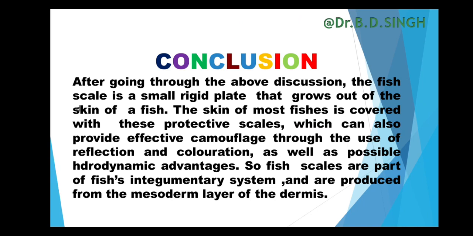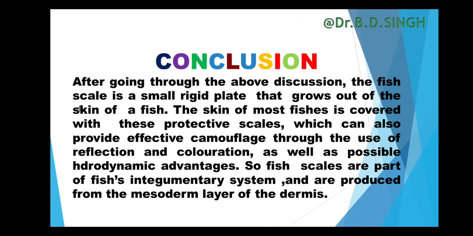Then after, the last one, this is the conclusion. After going through the above discussions, the fish scale is a small rigid plate that grows out of the skin of a fish.